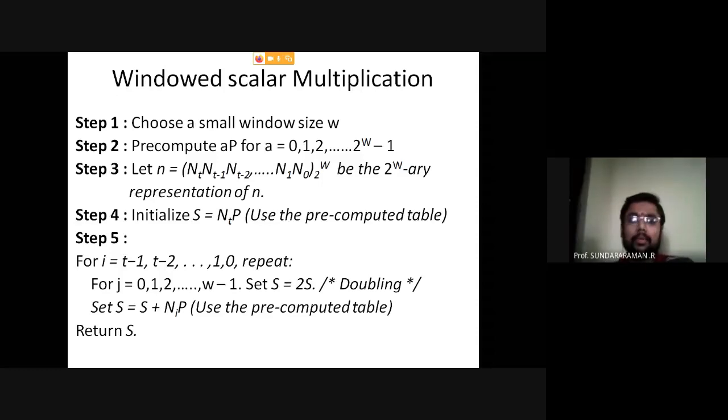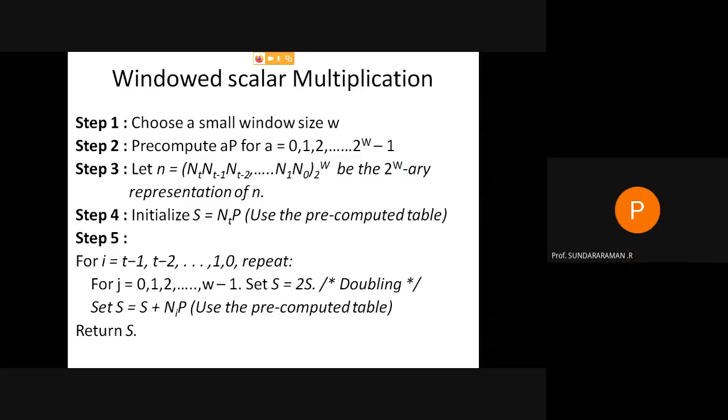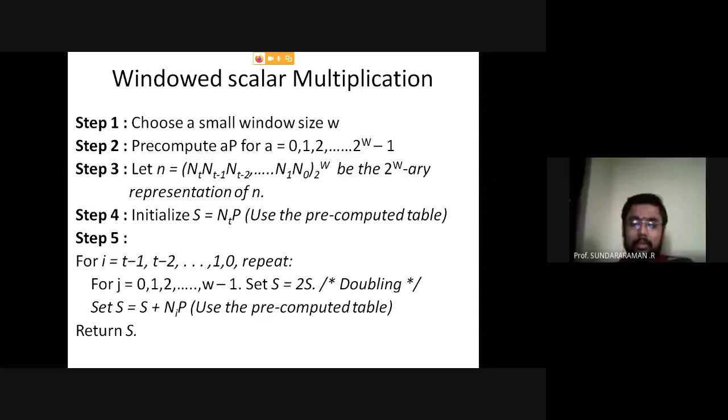For example, if you take a scalar value 255, the minimum number of bits required to represent 255 is 8. If you choose the window size as 3, 2 full windows can be chosen, that is 3 plus 3 plus 2. The last window, the third window, will not have 3 bits, only 2 bits, because they are residual bits.